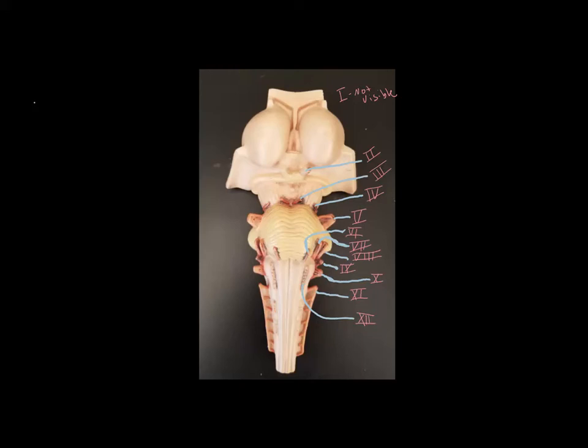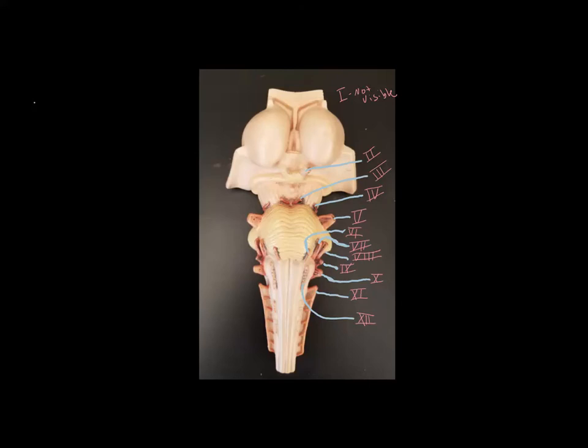Number 7, the facial nerve, is facial expression, secretion of saliva, secretion of tears, and sense of taste. Number 8, the vestibulocochlear nerve, that's your sense of hearing and your sense of balance. Number 9, the glossopharyngeal nerve, is the sense of taste and also the secretion of saliva.